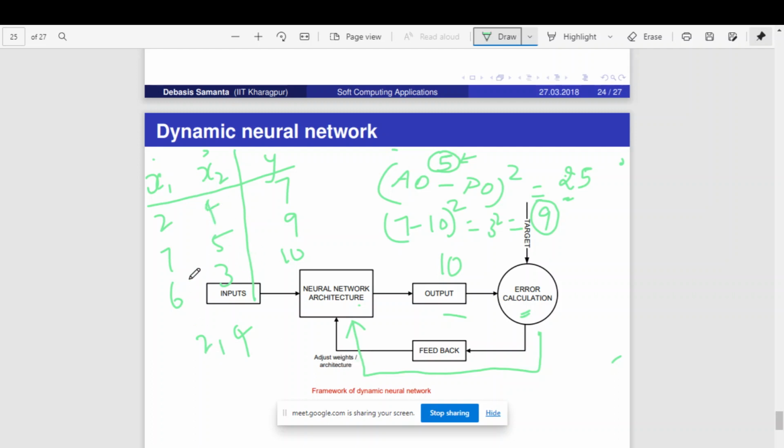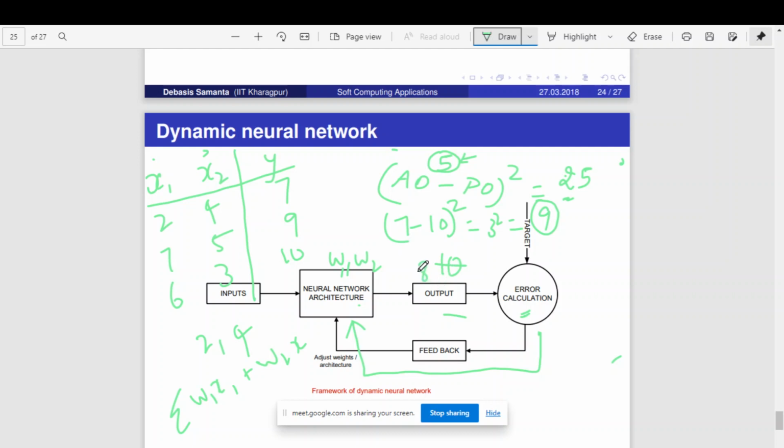Normally it is w1 x1 plus w2 x2. For every input x1 and x2 there is a weight connected, w1 and w2. So w1 and w2 will be accordingly updated. After updating w1 and w2 for one round, assume that now the output is 8.